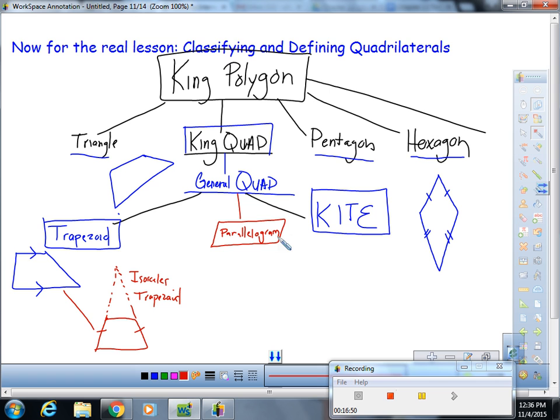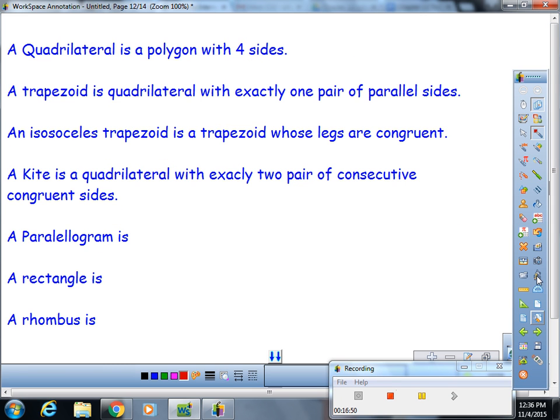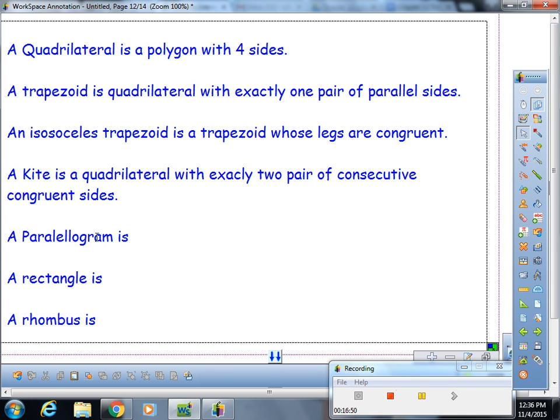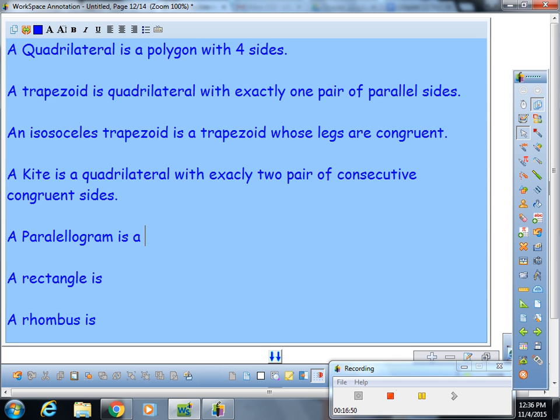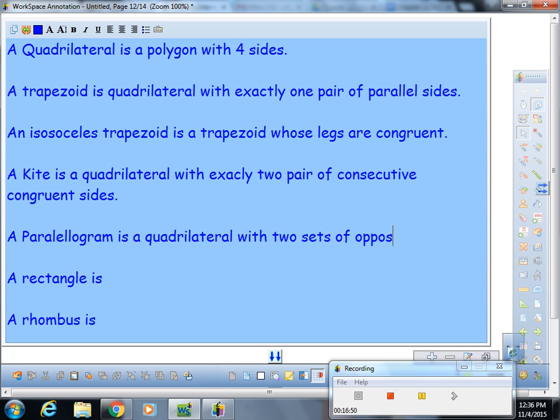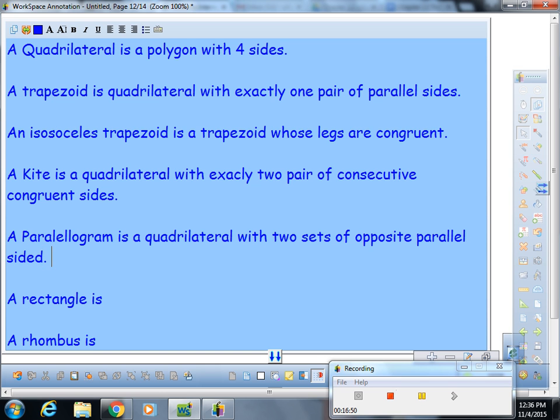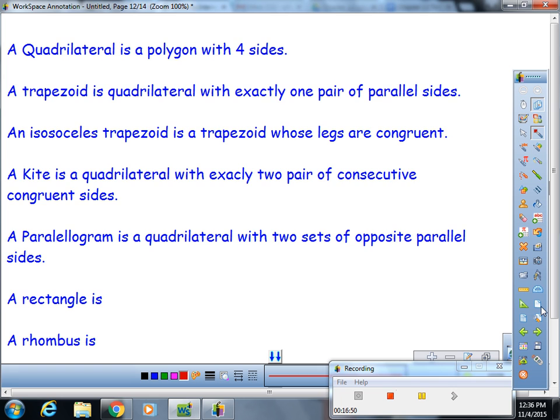It was a quadrilateral with 2 sets of opposite parallel sides. And boy, was King Quad proud.